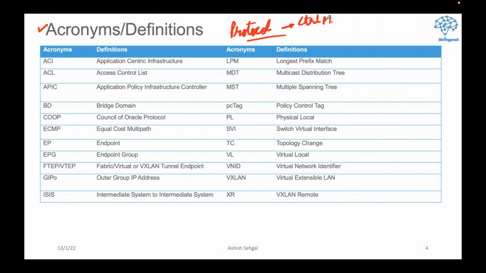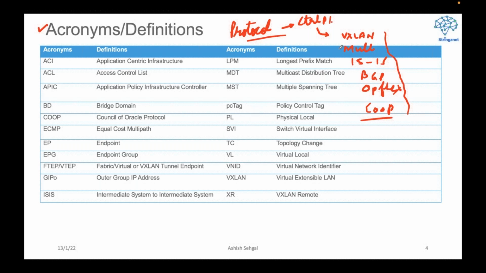Dear friends, in this particular journey, so many protocols we may not be asked to configure. In fact, indeed, the various control plane protocols, for example, VXLAN, for example, multicast, for example, ISIS, for example, BGP, for example, OpFlex, these different control plane protocols.